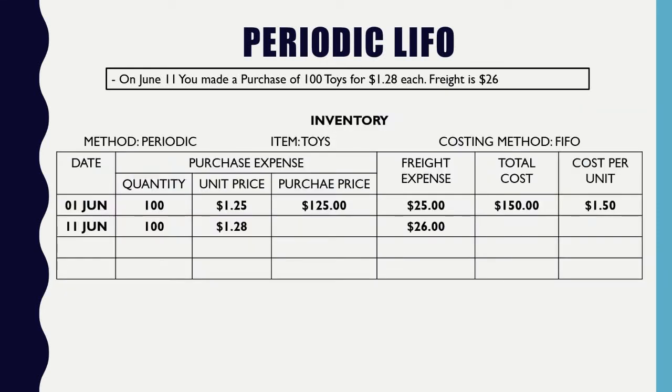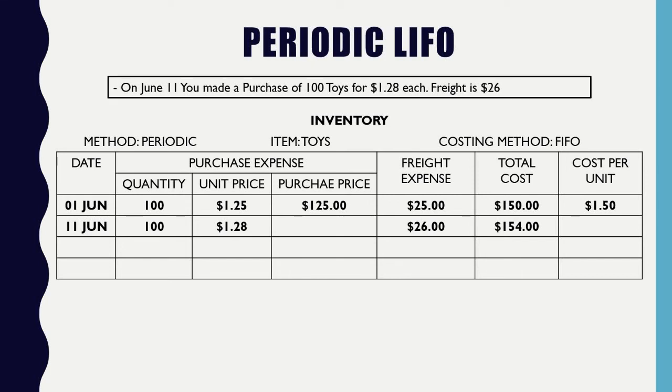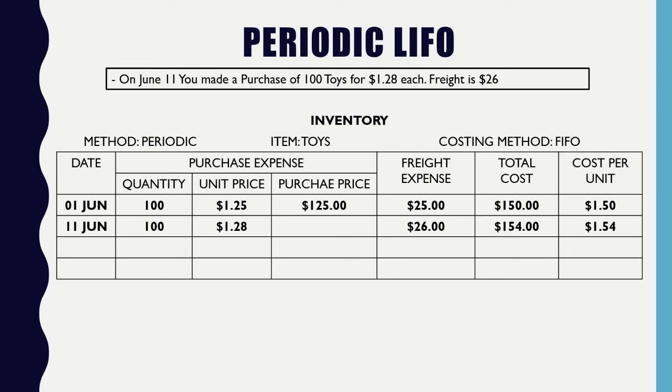We plug it back into our table to solve for the rest. The purchase price of $128 plus $26 gives a total of $154, which breaks down to a cost per item of $1.54.